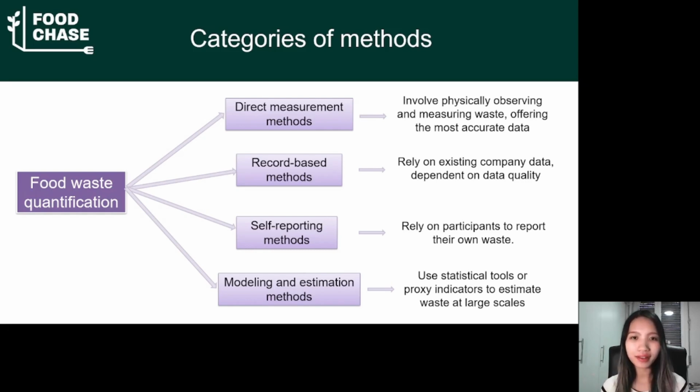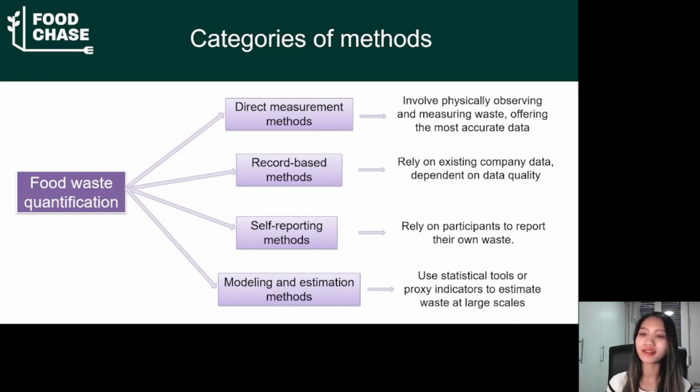In the second category, record-based methods. This method relies on existing company data, so it depends on data quality. If you have accurate data, you should also have accurate quantification results. Third, the self-reporting method. From the name, maybe you can already intuit that this method relies on participants to report their own waste.